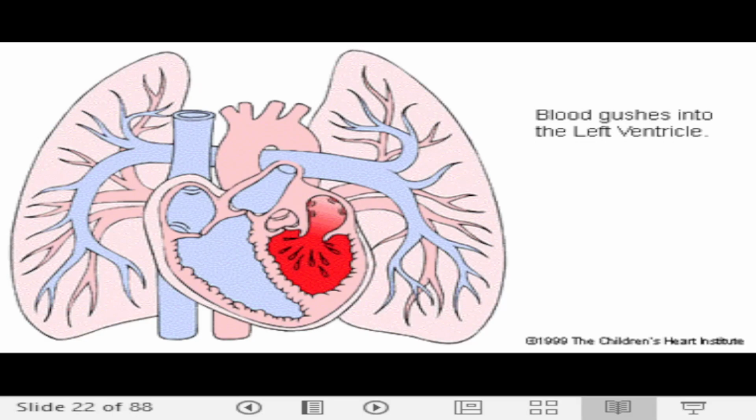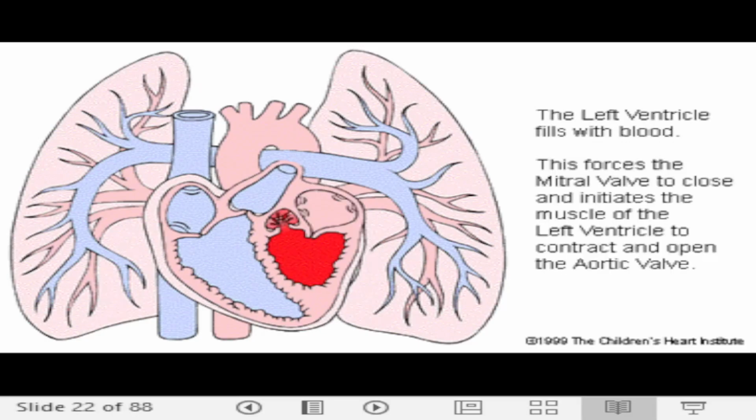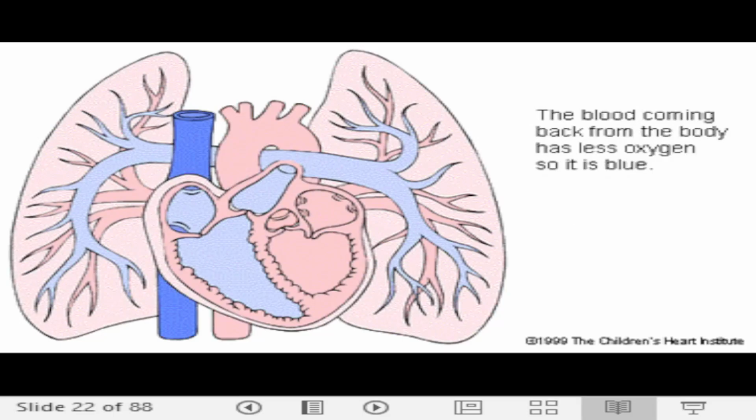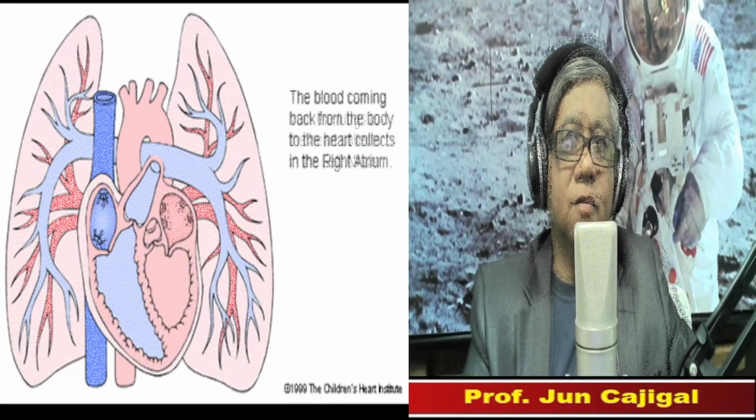The mitral or the bicuspid valve opens, allowing the blood to enter the left ventricle. The left ventricle contracts, the blood passes through the aortic valve, then the blood now enters the aorta, wherein oxygen and nutrients are delivered to all the body tissues. So that's how blood flows inside the heart.